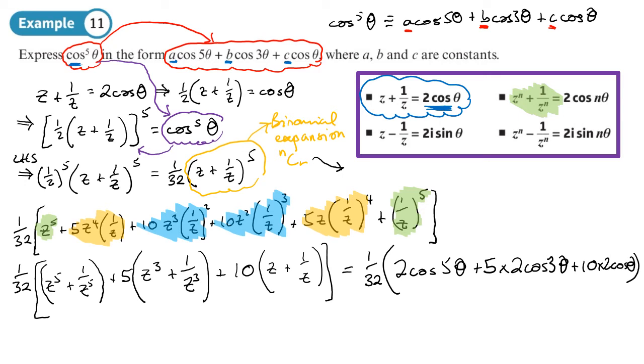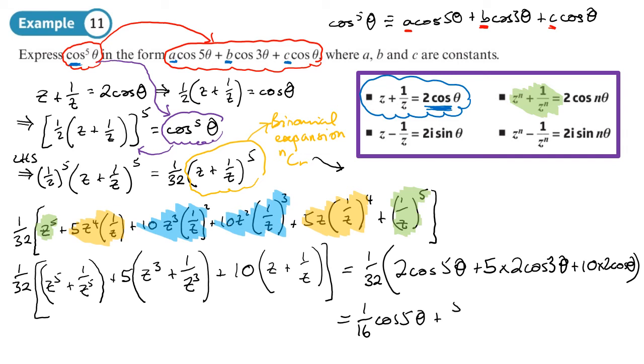Okay, and then once we simplify that out, we get the answers. So we'll get 1 over 16 cos 5 theta. Then the next one is going to be, well, we've got 5 times 2, which is 10. So you'll have 10 over 32, which is 5 over 16.